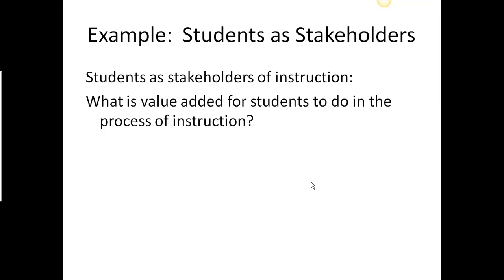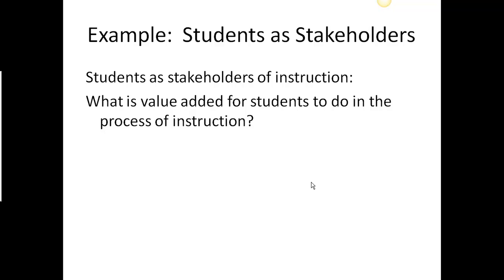And so this is kind of an interesting question because, of course, students in our classrooms, until they get to be at least in high school, are not adults and they're not capable of making fully mature decisions.